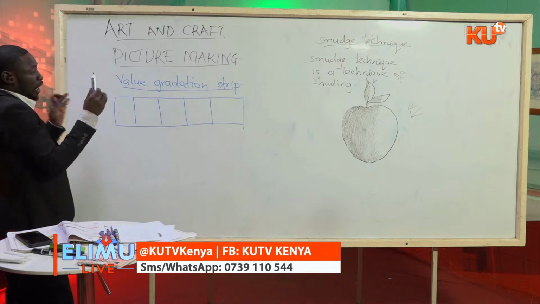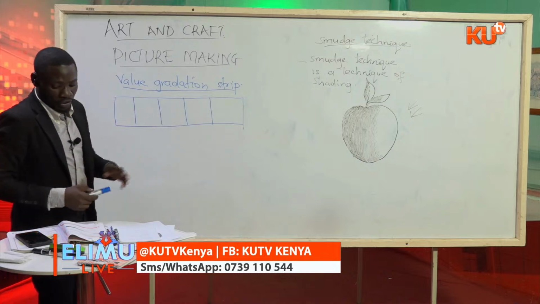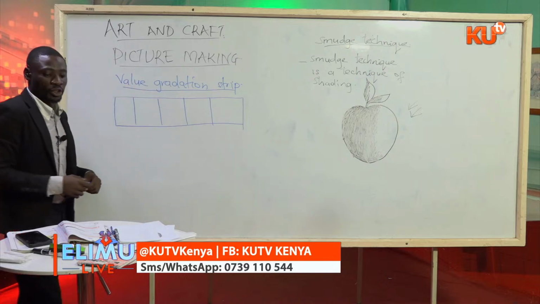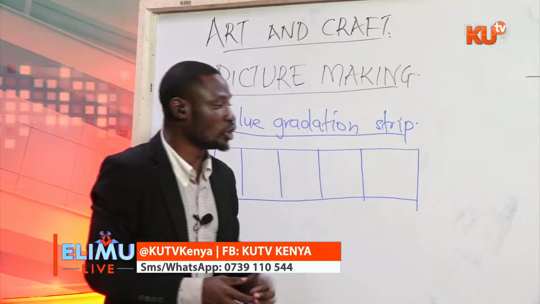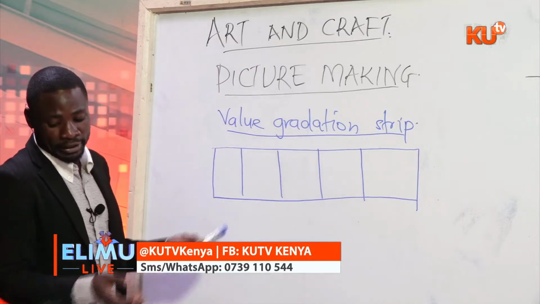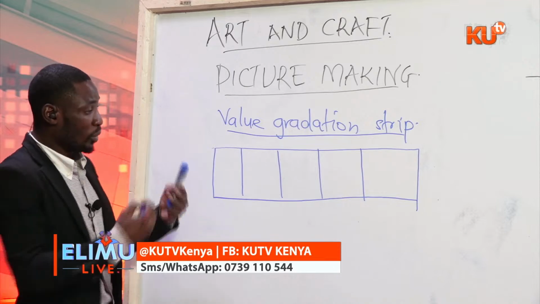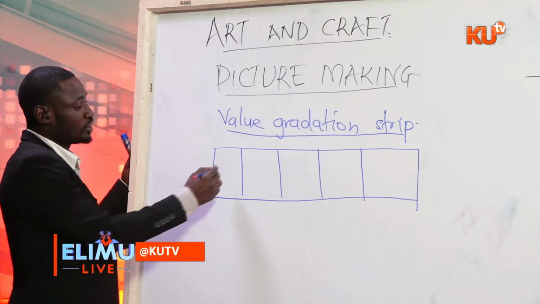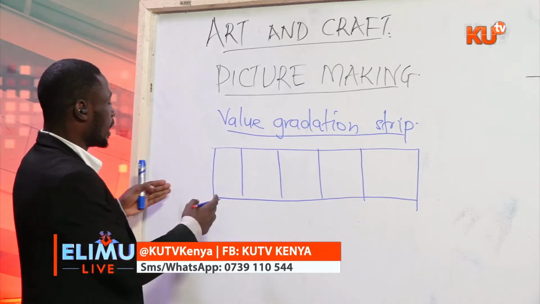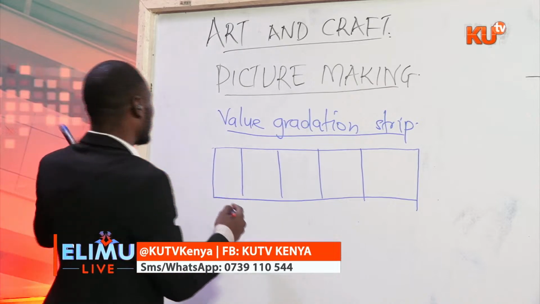For us to come up with a good value gradation strip, we must identify which side is going to be lighter and which side is going to be darker, or the darkest. So I've chosen this side.